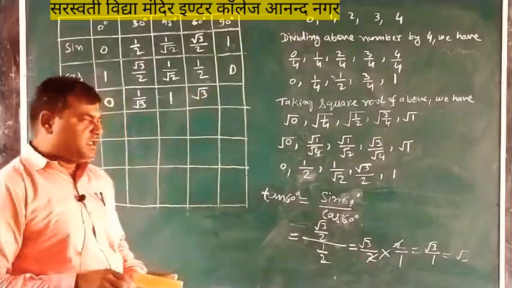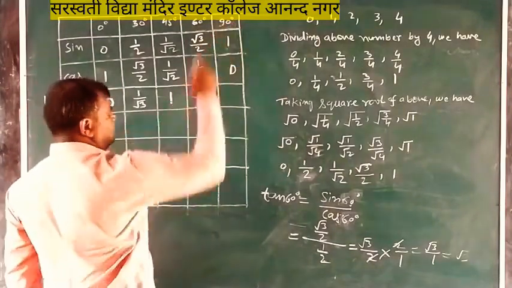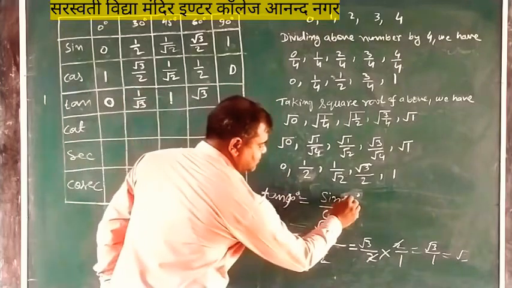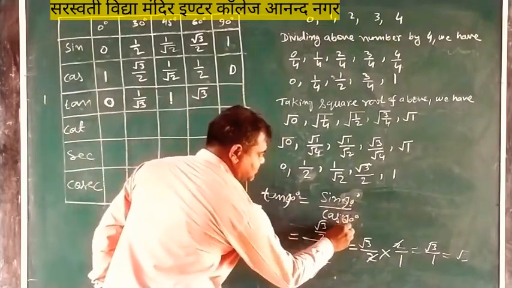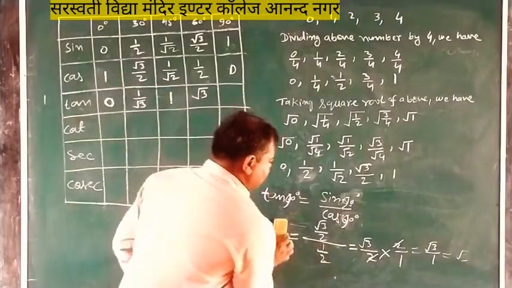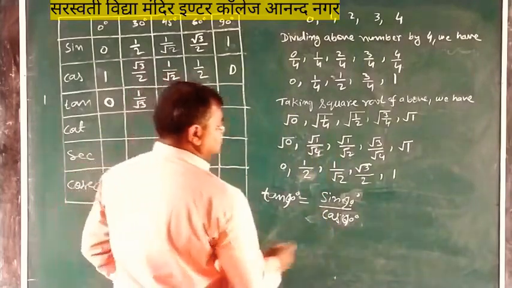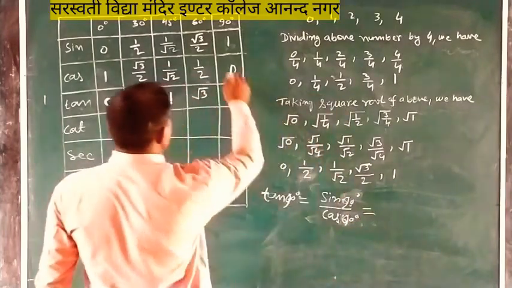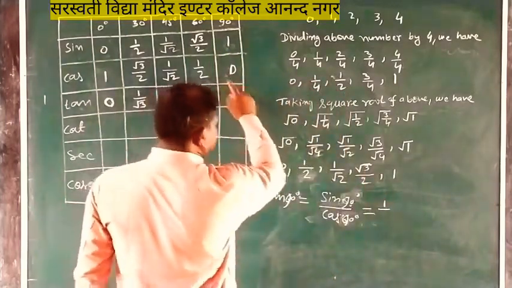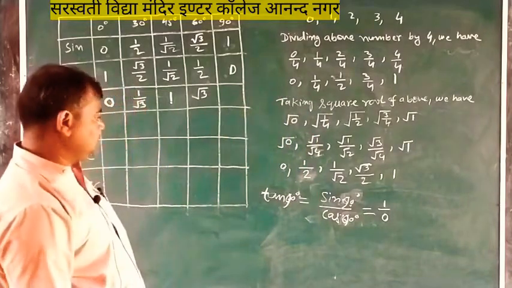Understand? And see here the value of tan 90 degree, we will write tan 90 degree, here sin 90, here cos 90 degree. And the value of sin 90 degree is 1, and cos 90 degree is 0, so 1 by 0.